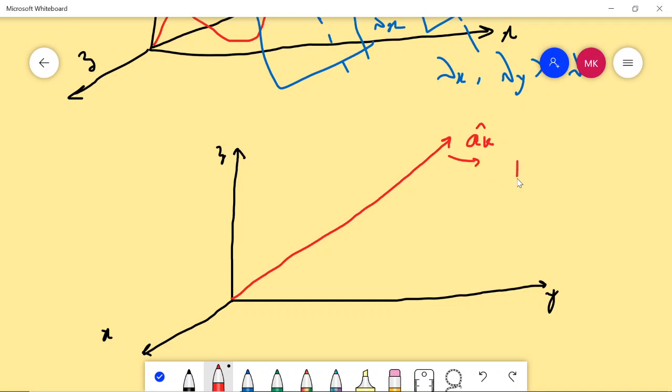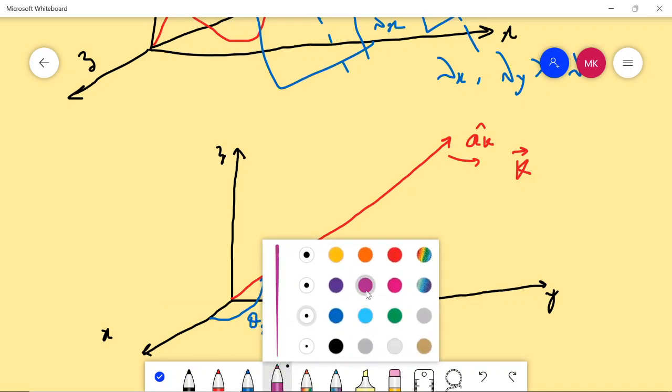That will also have the k vector, the wave number vector. The wave propagating in the ak direction makes an angle from the x-axis, which we define as theta x, and from the y-axis this angle is theta y.